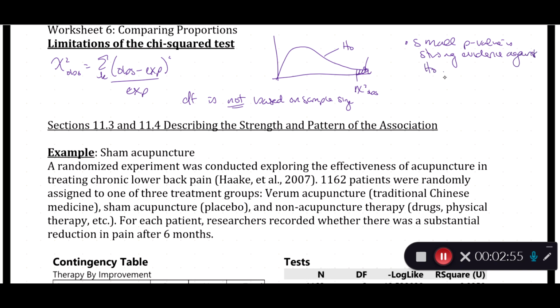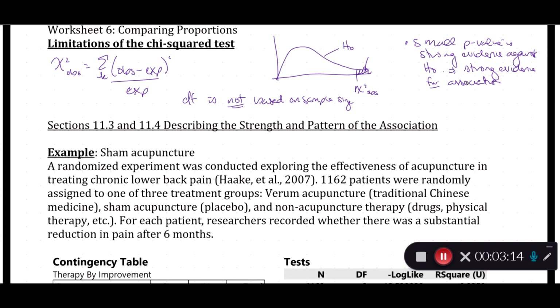This is true, and it's the same as we've always done. So if we're doing a test for independence, it is strong evidence for association, because the alternative hypothesis would be association.